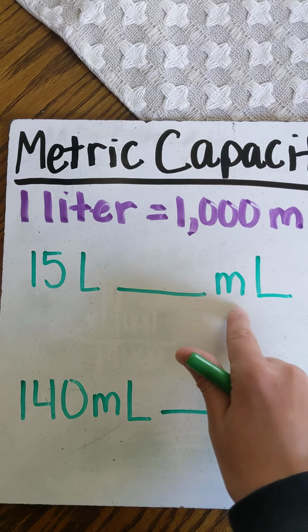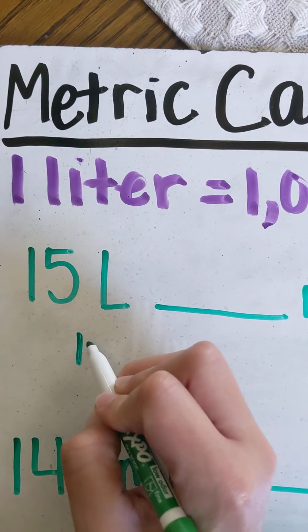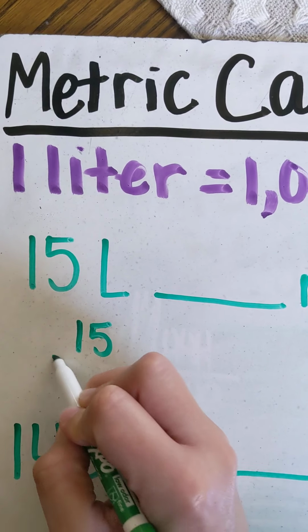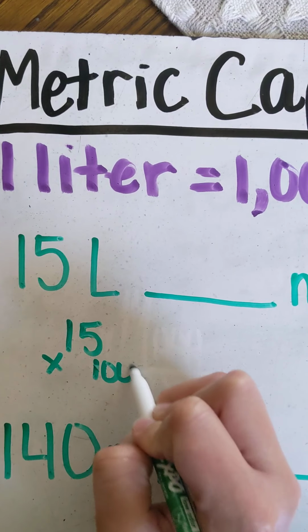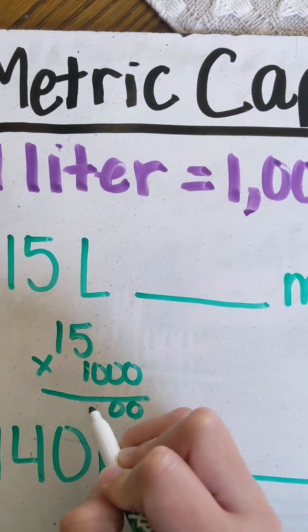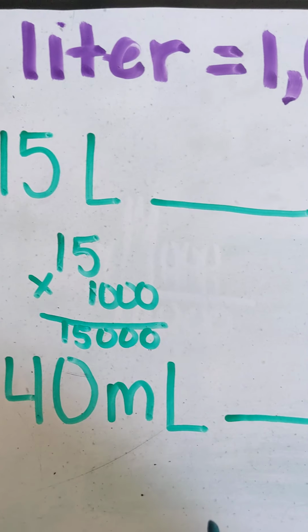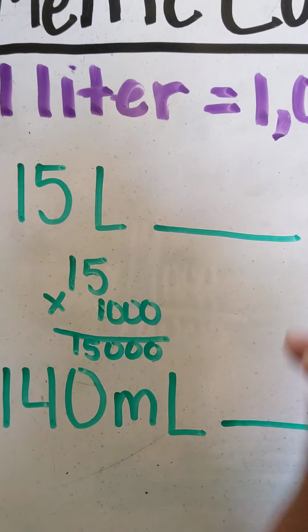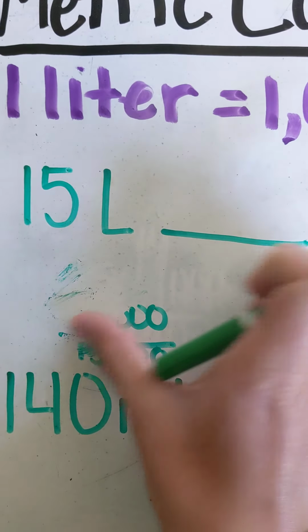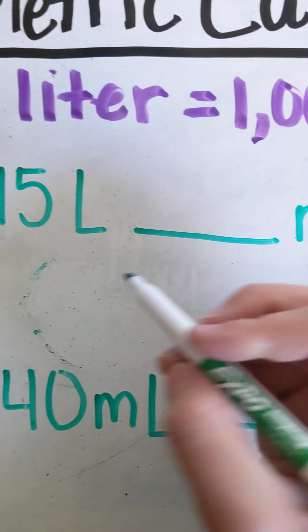Because there are 1,000 of these little guys in here. So if you were to do 15 times 1,000, you would ultimately be getting 15,000, right?